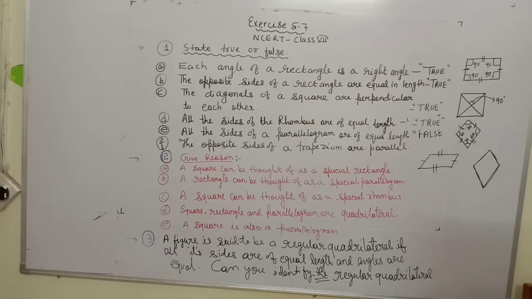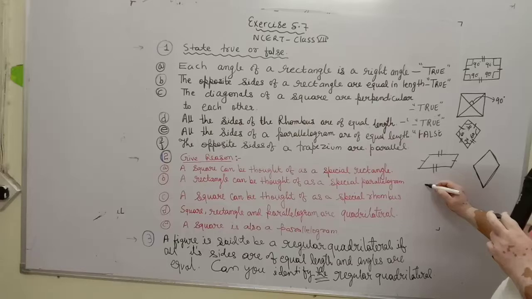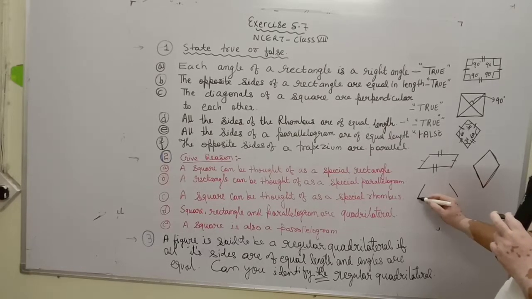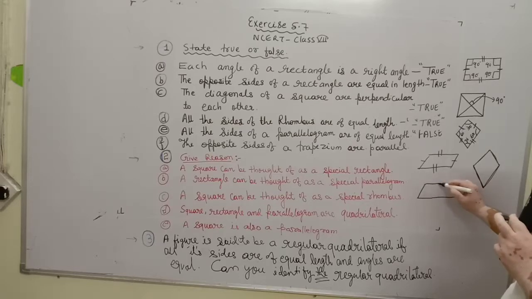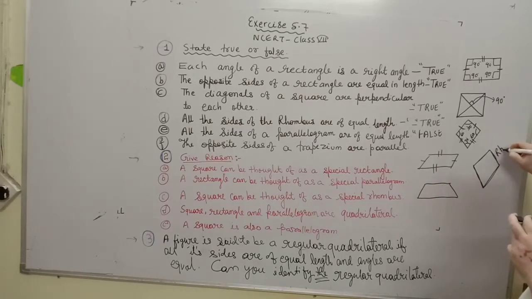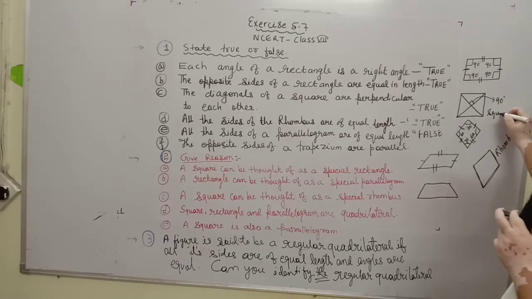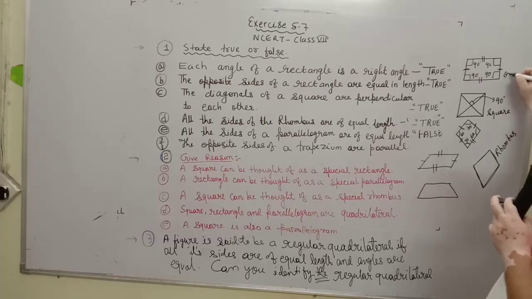Next is opposite sides of a trapezium. What is a trapezium? In a trapezium, 2 sides will be parallel and the other 2 sides may not be parallel. This is a trapezium. This is a rhombus. This is a square. This is a rectangle.